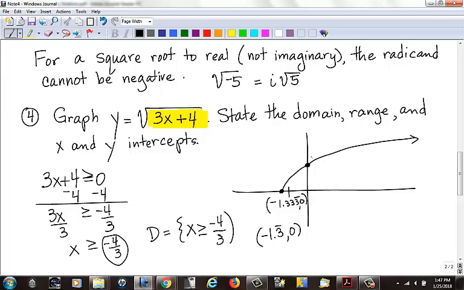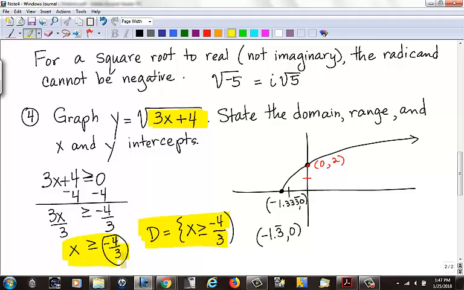For the y-intercept, what's the x value for this ordered pair? 0, isn't it? So do second function calculate value, number 1, at x equals 0. It crosses at the ordered pair 0, 2, right 0 and up 2. The only thing we don't have is the range. We have the domain.